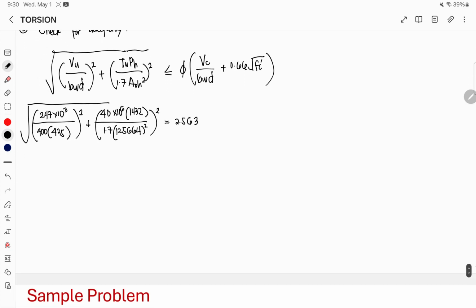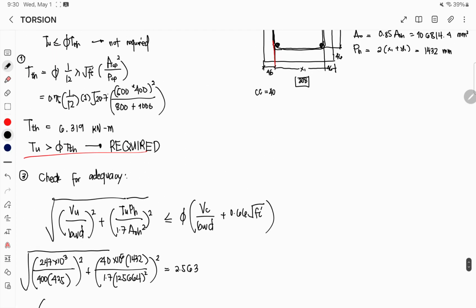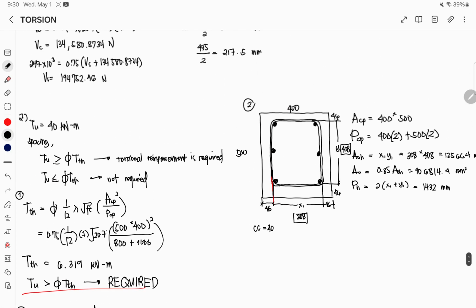And then for this value naman, phi, we have 0.75. VC, computed na yung VC natin, no? Yung kanina. Same lang yun.